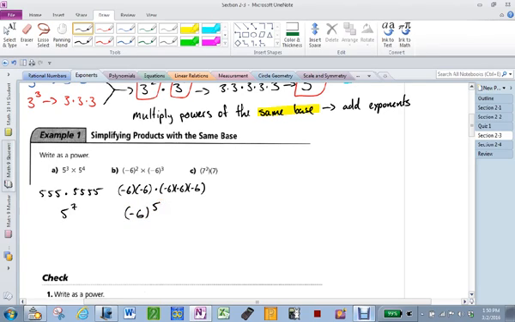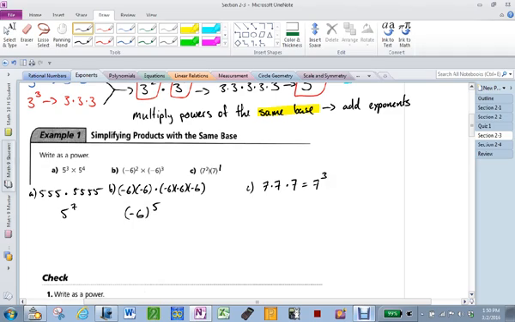Why did I bring the brackets all the way along? Because it's still negative. Because the negative is part of the base. Now look at this one. C is slightly trickier. Because it's not the 7 times 3. That's 7 times 7 times how many 7s? 1. Because what exponent is always there even though it's not there? 1. So that is 7 to the 3rd.